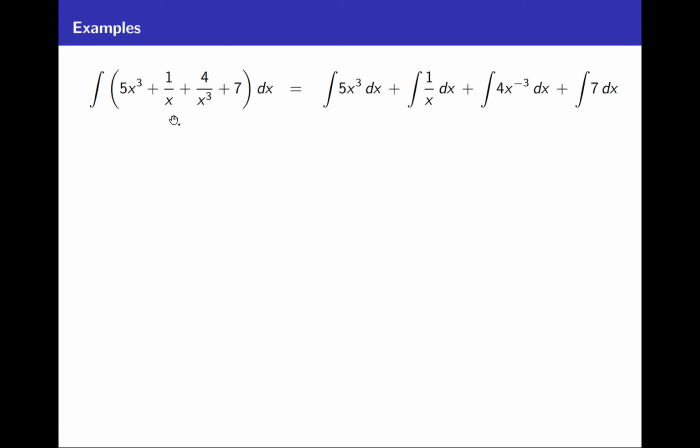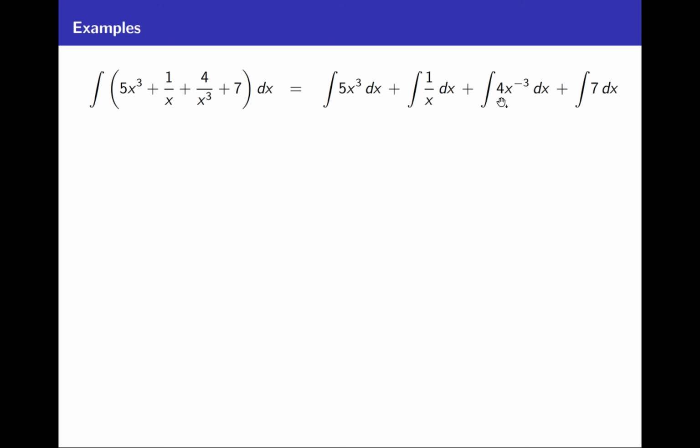So first of all, using the sum difference rule multiple times, this integral would be the integral of 5x cubed dx, that's the integral of the first part, plus the integral of 1 over x dx, plus the integral of 4 over x cubed dx, and I'll put that right here.